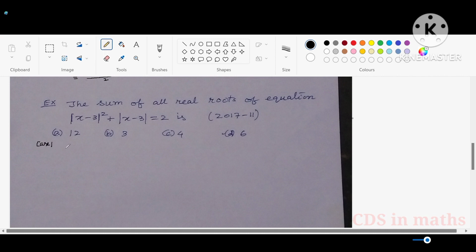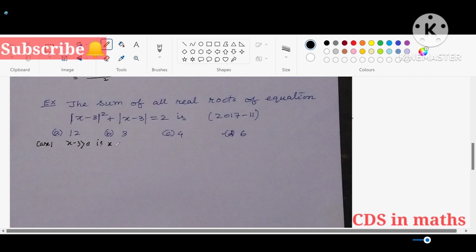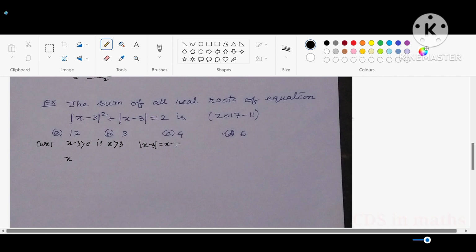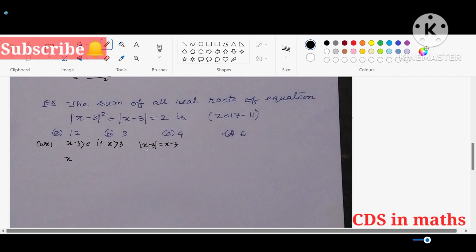So in case 1 I am taking x minus 3 positive, greater than 0. That is, x minus 3 greater than 0, that means x greater than 3. So if x minus 3 is positive, then my equation will become, and the mod of x minus 3 will become x minus 3 by mod definition. x minus 3 is positive, so the mod of x minus 3 is x minus 3.